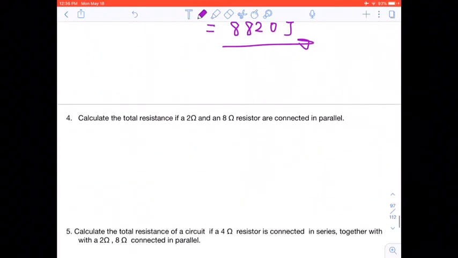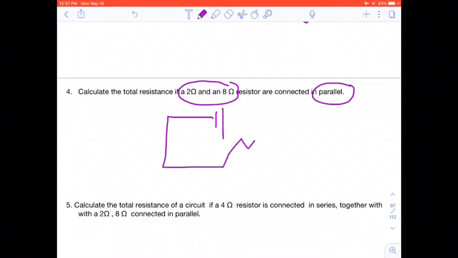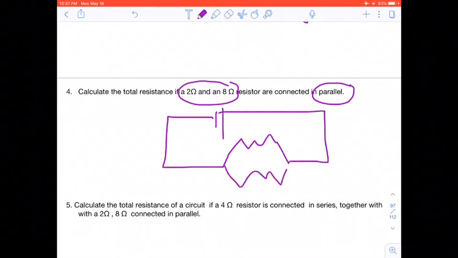Right now, let's look at this one here. Here, we want to calculate the total resistance of two resistors connected in parallel. Okay, so here we have this, and we're not given the voltage of the battery, which is fine. We can say this is R1 and that's R2, and this is 2 ohms and this is 8 ohms.